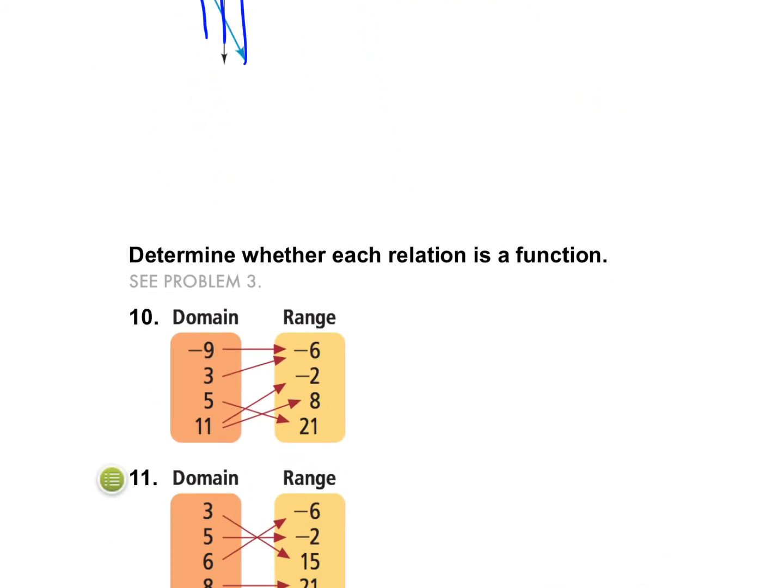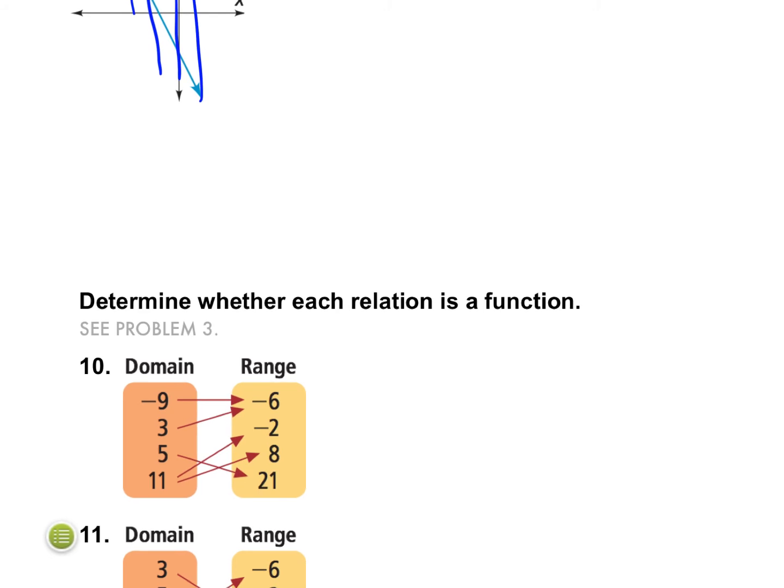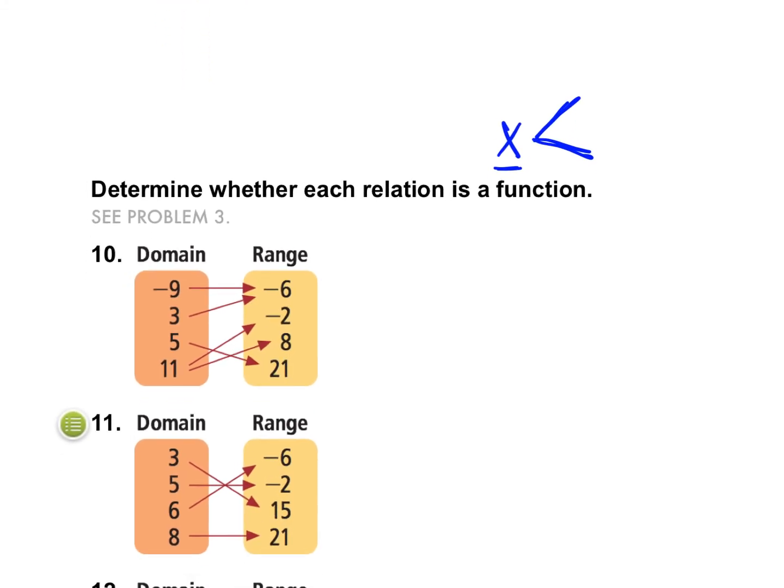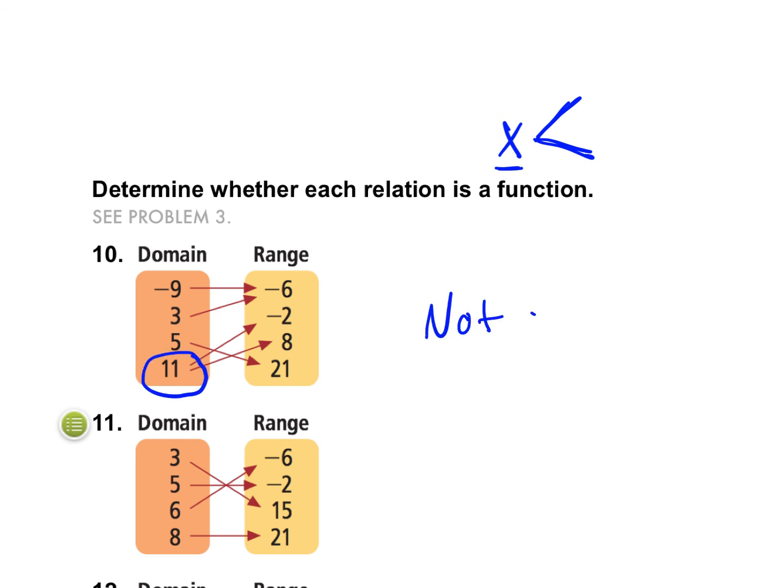All right, let's look at number 10. Determine whether each relation is a function. So we said we can't have 2 different y values for one x value. So we can't have 2 arrows coming out of an x for these. So looking at number 10, I have 2 arrows coming out of 11, so this would be not a function.